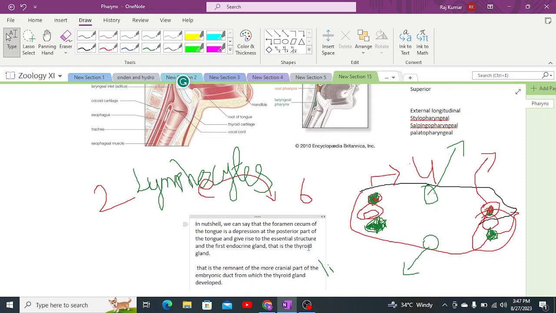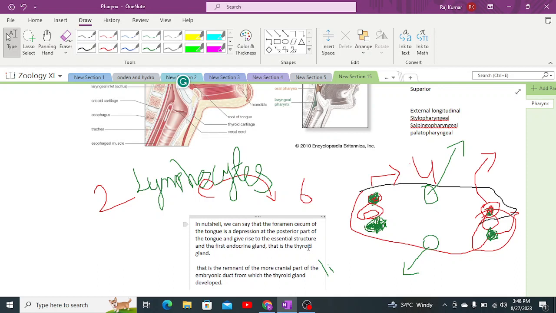But as the embryo develops further, the thyroid gland situates itself within the neck rather than near the foramen cecum on the posterior side of the tongue. So during the embryonic stage, the cranial part of the embryonic duct from where the thyroid gland is developed causes a depression to form, known as the foramen cecum. That is what we call the foramen cecum.